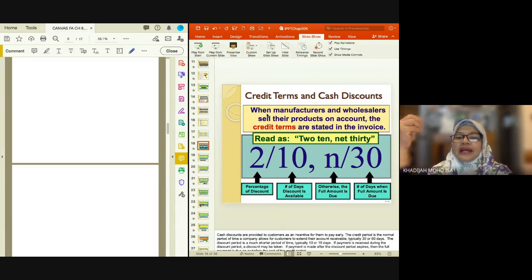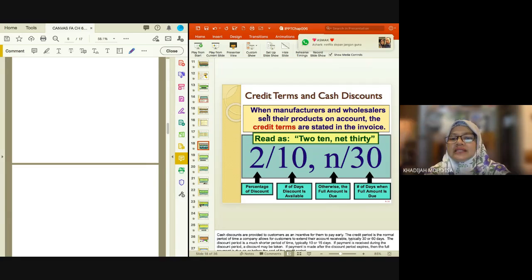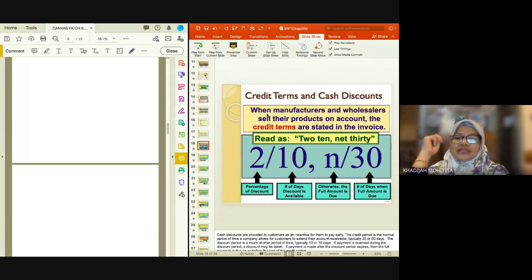They put that as 2/10, net 30. That's how you read it. What does it mean? 2 is the percentage of discount. 10 is the number of days it is available. It means that if you pay within 10 days, then you get a 2% discount. But if you pay within 30 days, then you have to pay the full amount.